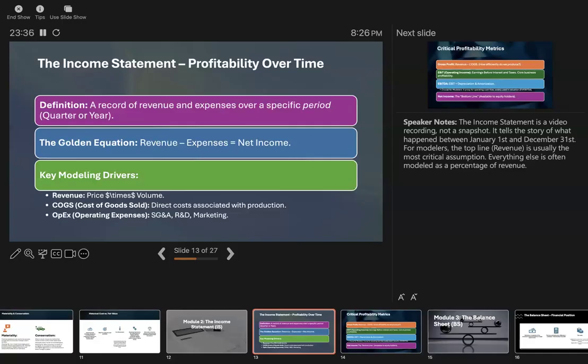So price times quantities gives you the revenue. Then you have your cost of goods sold. These are direct costs or what we call prime costs. These are costs associated with the production. Then you have other expenses, which are operating expenses, SG&A, research and development, marketing, etc.